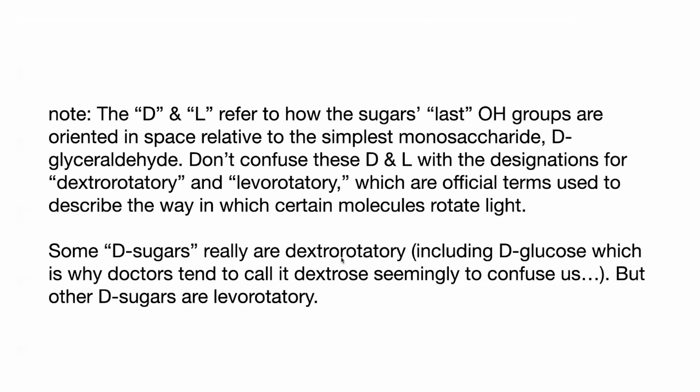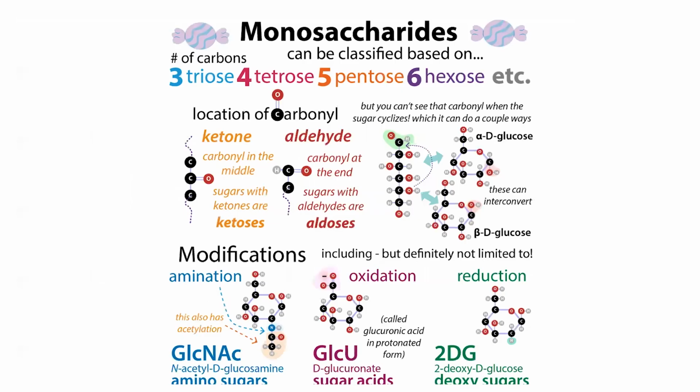Doctors sometimes call glucose dextrose, which I always get really confused about. But yeah, glucose and dextrose, same thing. But there are also other D sugars that are actually levorotatory, so don't let that confuse you when you're dealing with that. And D-glucose is the form that our bodies use.